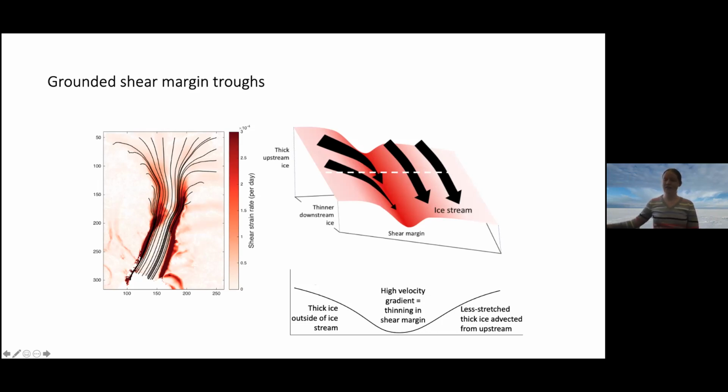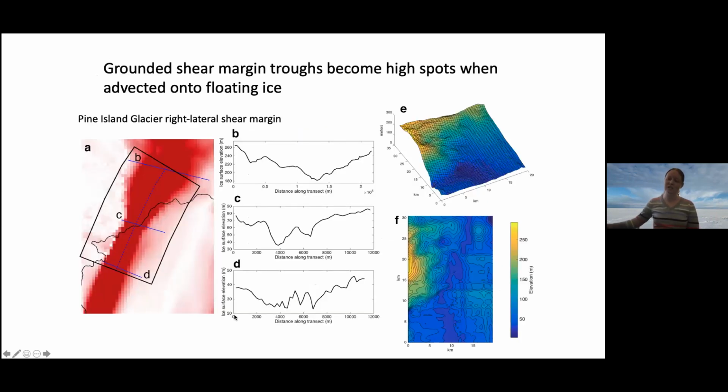Step two, then, thinking about basal channels: they're not on grounded ice, right? They're on floating ice, but we can actually see that elevation difference cross over the grounding line and onto the floating ice. So we see some continuity. There's profiles, again, this time on the right lateral shear margin of Pine Island Glacier, because that's what we were on before.